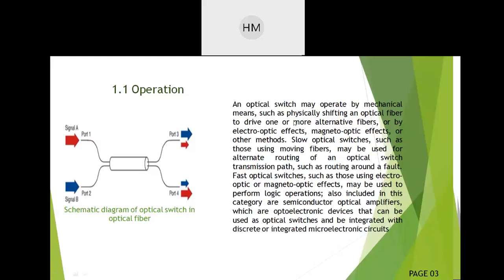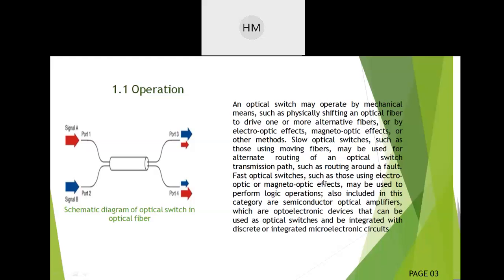Okay, first was the mechanical, such as physically shifting an optical fiber to drive one or more alternative fibers, or by electro-optic effect. Clear? Slow optical switches, such as those using moving fibers, may be used for alternate routing of an optical switch transmission path, such as routing around a fault.